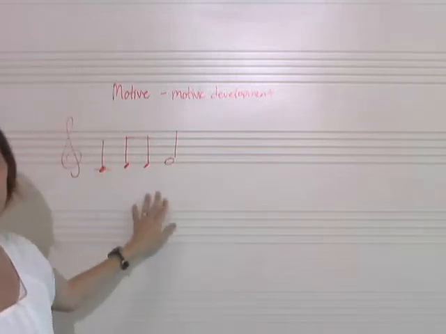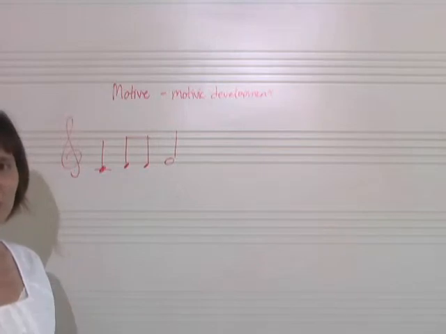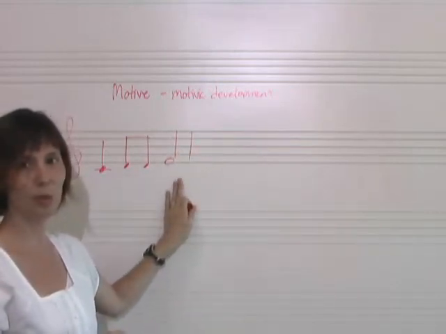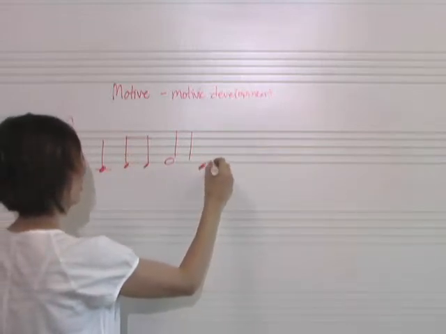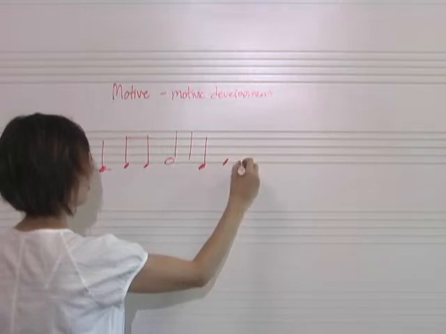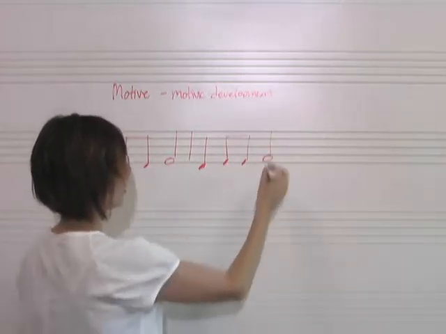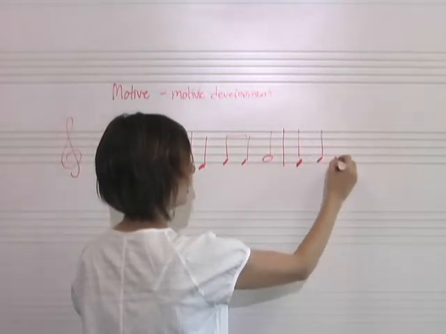Now, there are some different methods I can use on my motive to make it interesting while I repeat it. One, of course, is just to go up to a different pitch. And I can keep doing that.